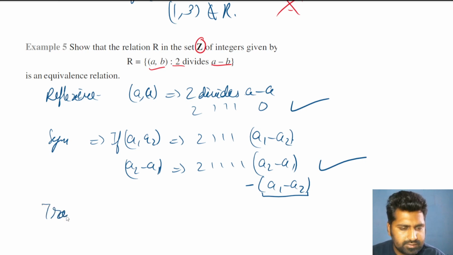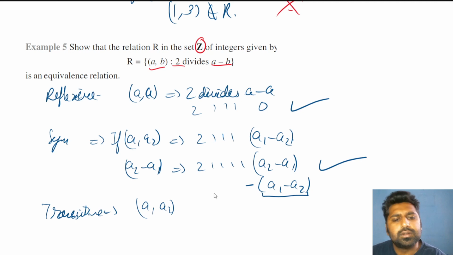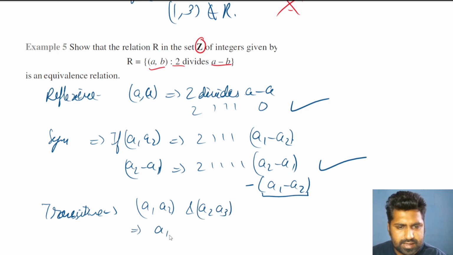And for the transitive part, you have to take a1 a2, then a2 a3. So it implies a1 minus a2 is divisible by 2. What you can do is, if something is divisible by 2, you can write it as 2 into something, let's say 2m.